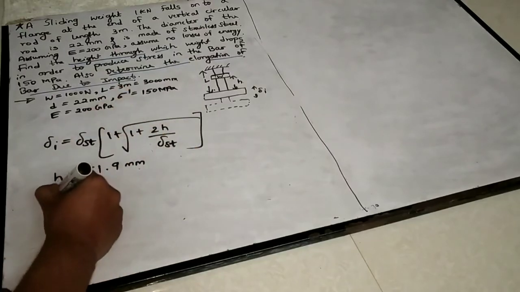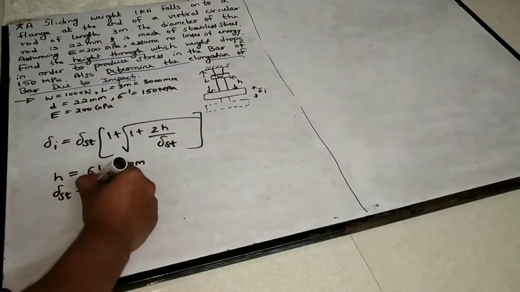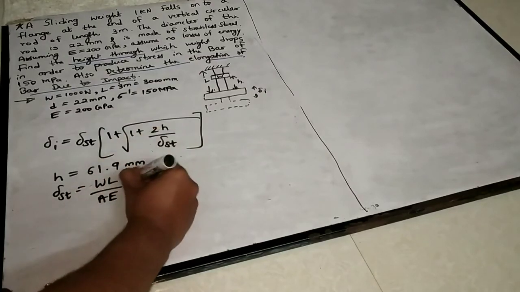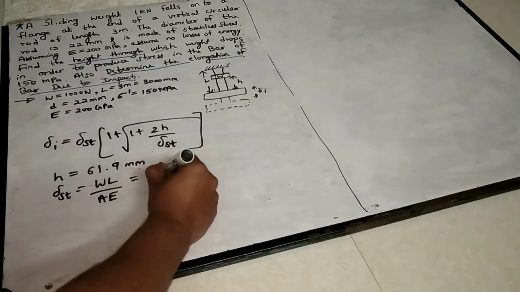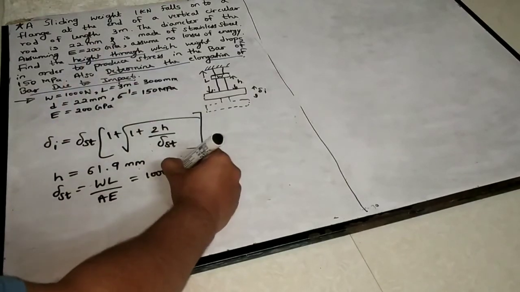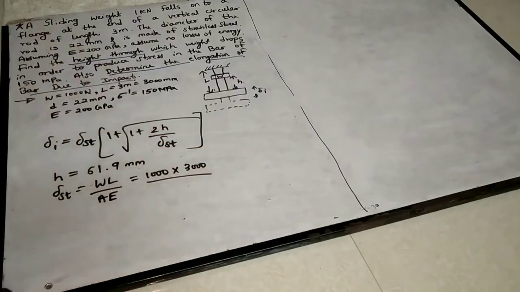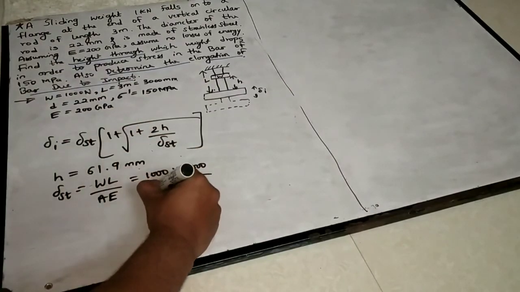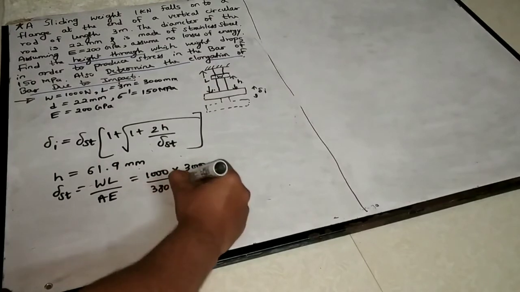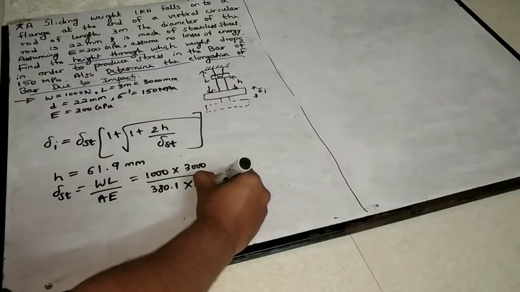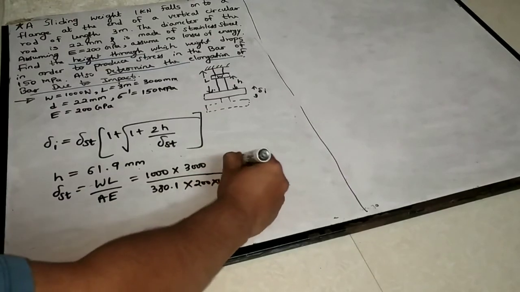Now what is static deflection? WL by AE. So this I also told you in the theory class. So WL by AE. So W is 1000 into L, that is 3000. Cross sectional area you have just calculated, that is 380.1, into Young's modulus 200 into 10 raised to 3. Correct?